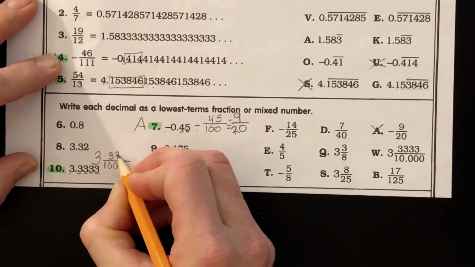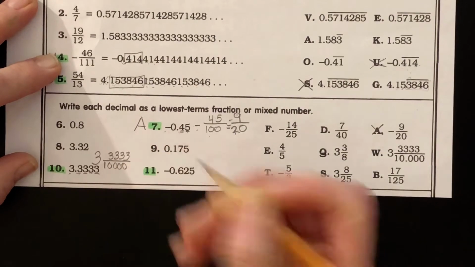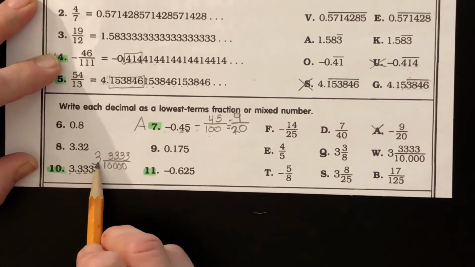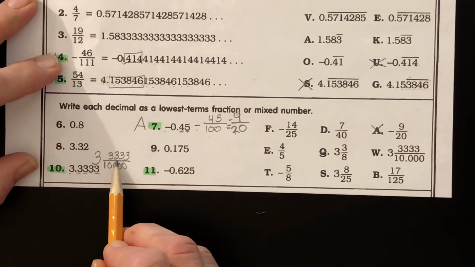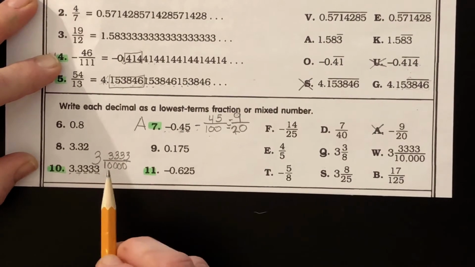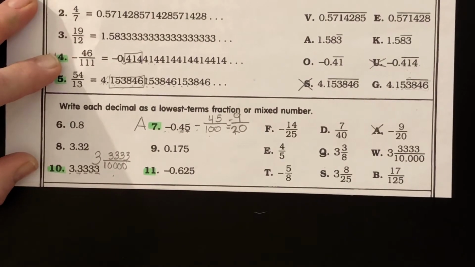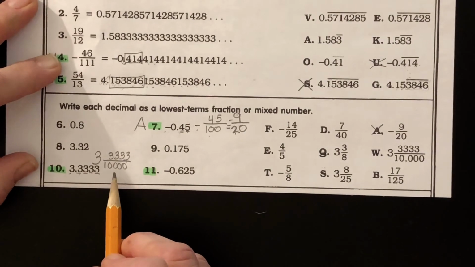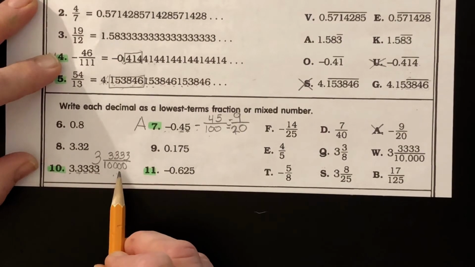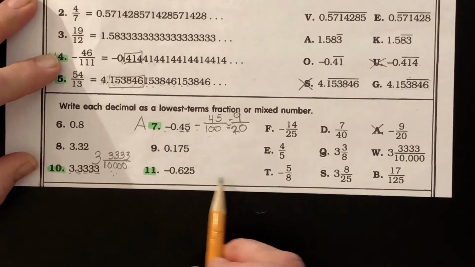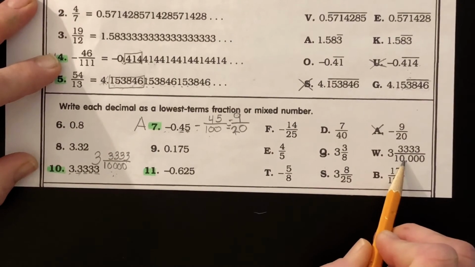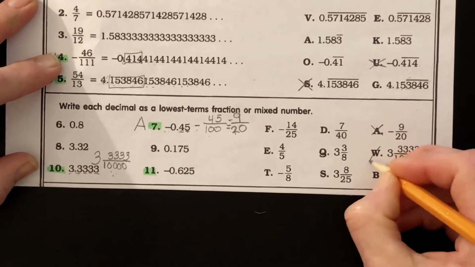So we have 3,333 10,000ths. Yes. And I don't think that is reducible. No, it's definitely not reducible. And sure enough, there it is. Number 10 is W.